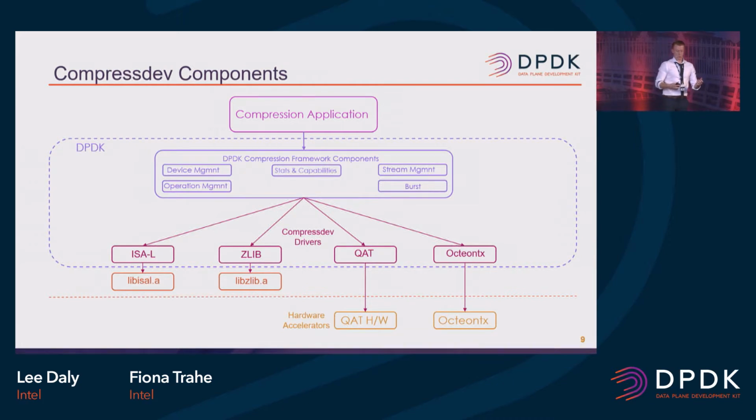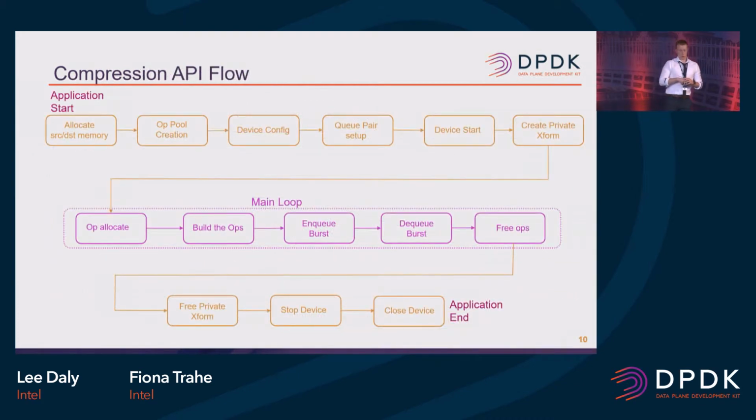This is similar to cryptodev, and this will contain some of the more generic information that you will need to do that compression operation, aka where is the data that I want to compress, and where do I store it when I'm finished compressing it. Then we have our normal burst APIs. That level is independent of the PMDs that we have here. We'll talk about them a little bit later as well, but we have 2 software PMDs and 2 hardware PMDs. Now let's take a closer look at the actual application itself.